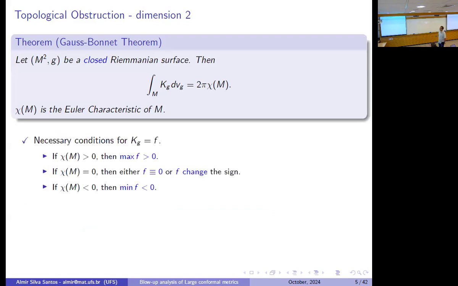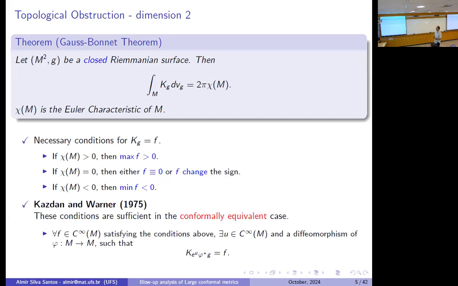Then we see that if some function f is the Gaussian curvature of some metric on the manifold, then when the Euler characteristic is positive, the maximum of f has to be positive. And also, if the Euler characteristic is 0, then the function has to be identically 0 or has to change sign. And if the Euler characteristic is negative, then the minimum of the function has to be negative.